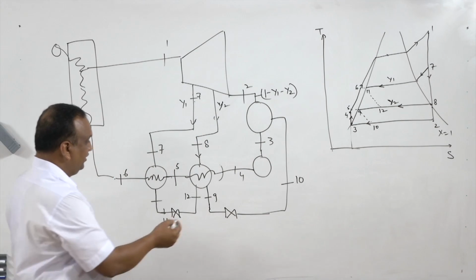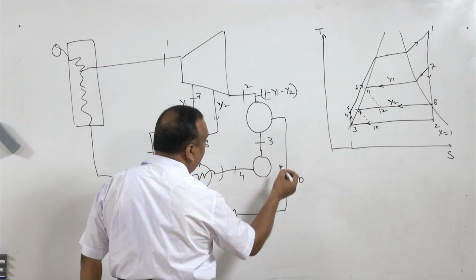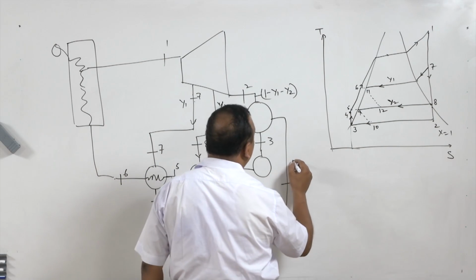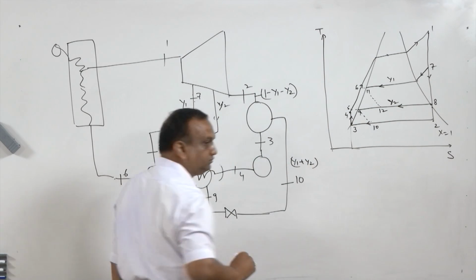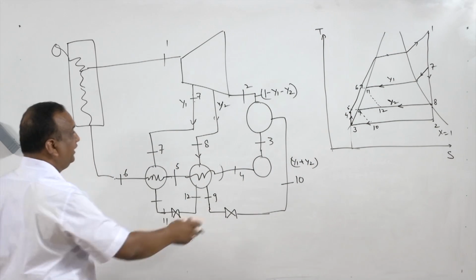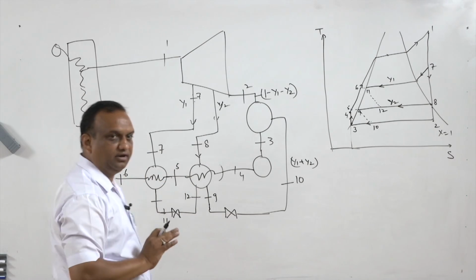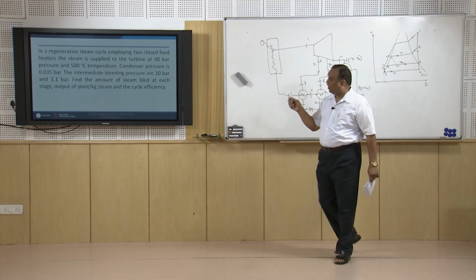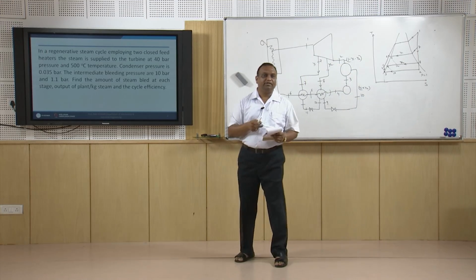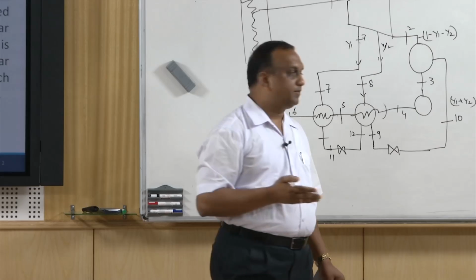The condensate which is going from here to here at state 10 is Y1 plus Y2, and they are mixing in the condenser and then getting pumped to the boiler. So, this is the entire arrangement for this problem. Now, we can do the energy balance. The rest of the things are like a simple numerical on a vapor power cycle.